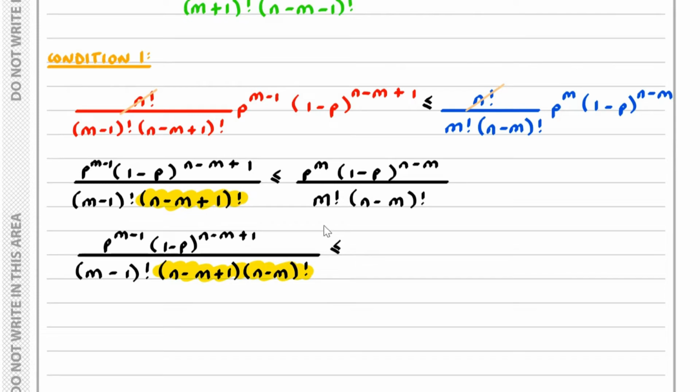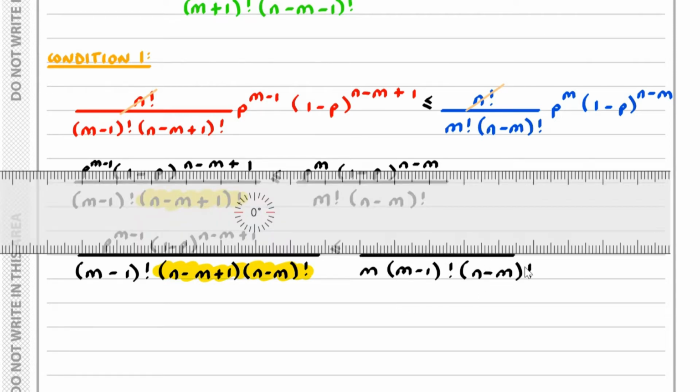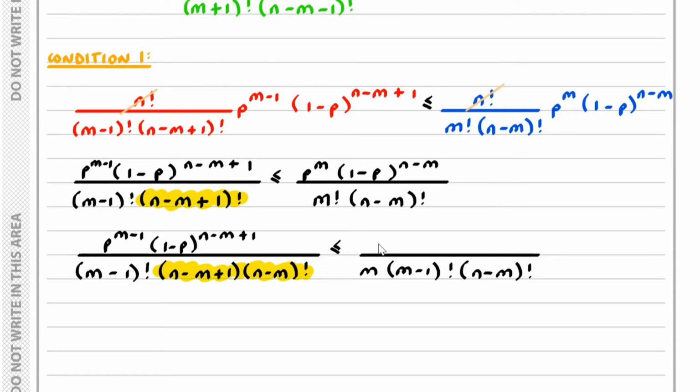Now, on the right hand side, m factorial can be rewritten as m multiplied by m minus 1 factorial, and then we have this n minus m factorial. And on the top, we've got the p to the m times 1 minus p to the n minus m.